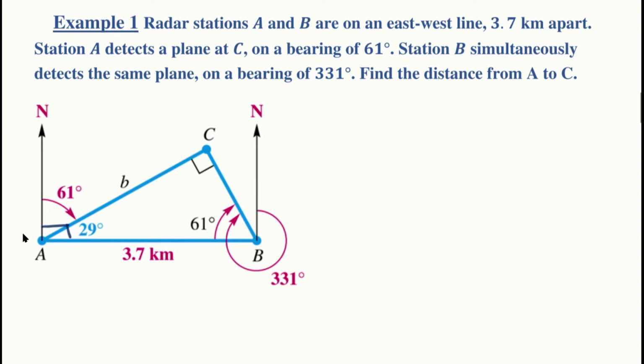Now, this angle here is 331 degrees, which makes this small angle here basically 360 minus 331 degrees, which is 29 degrees as well.